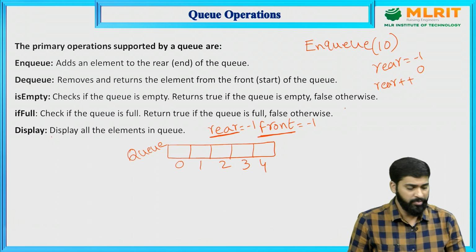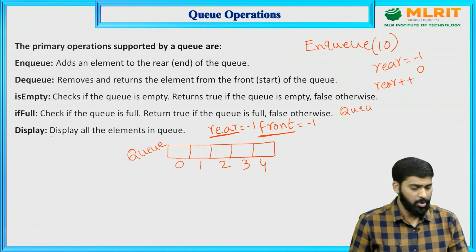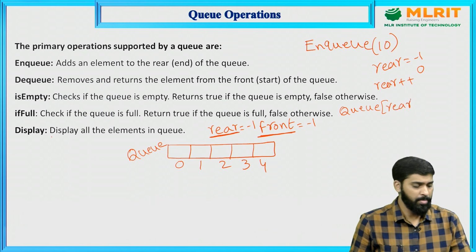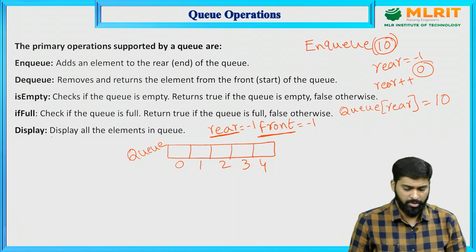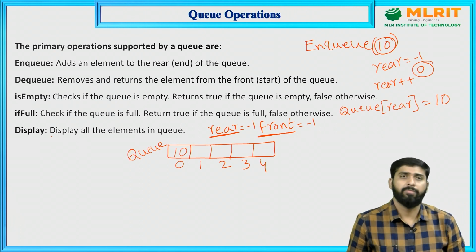Now Q of 0. That means Q of rear equals this element 10. What is the rear value? 0. So Q of 0 equals 10. Okay, inserted here.